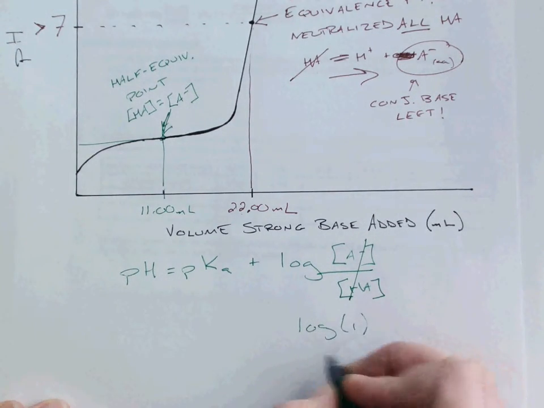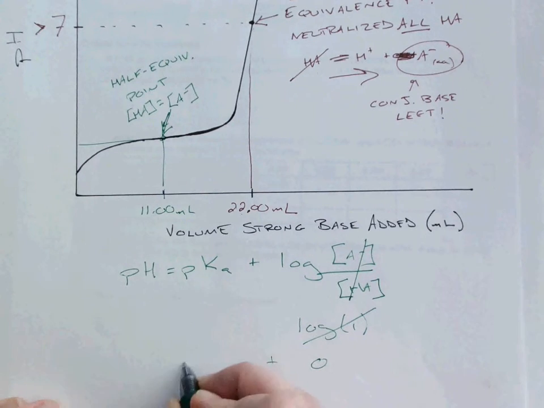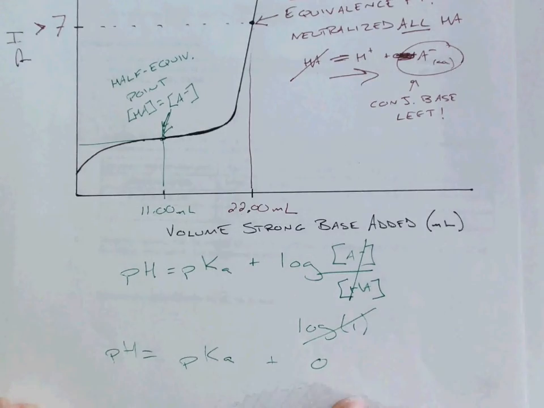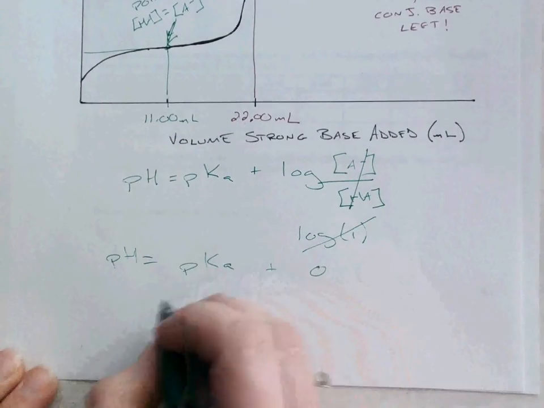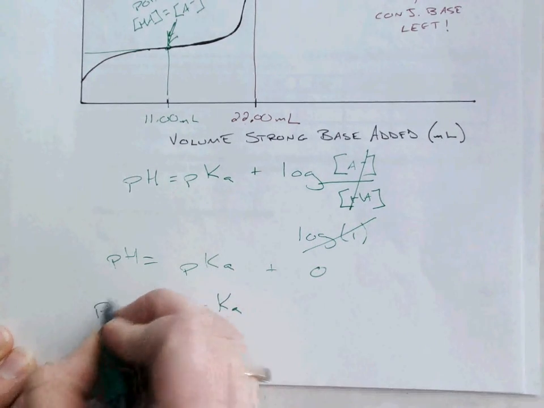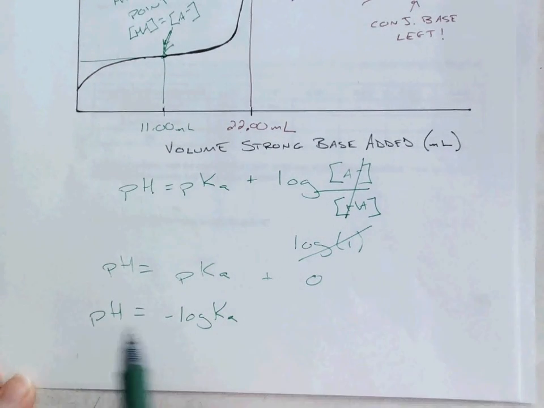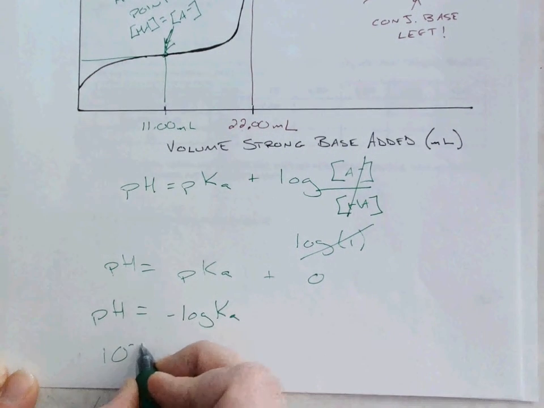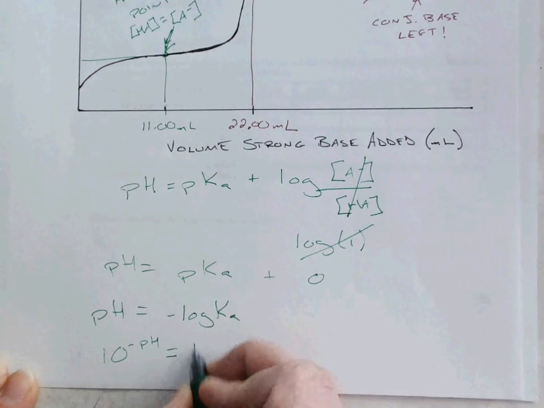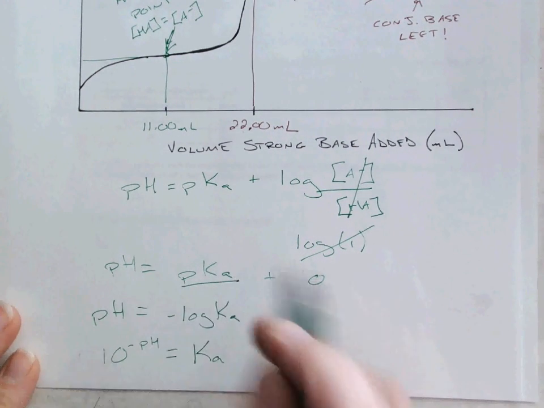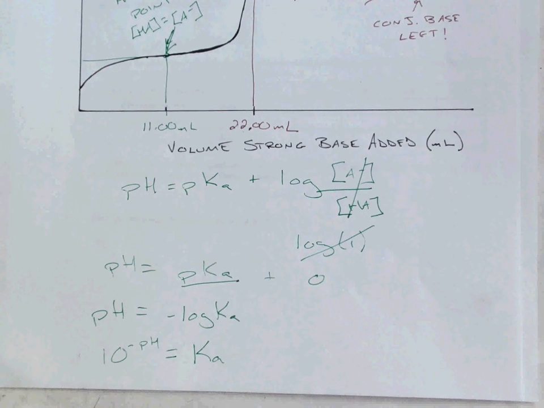The log of 1 is 0. So your pH equals your pKa. So if you know your Ka, you just take the negative log of it, and you can find your pH. If you know your pH, you can undo this using your log properties, and you can find your Ka. Sometimes you're actually given the pKa, which is what is happening in that worksheet.